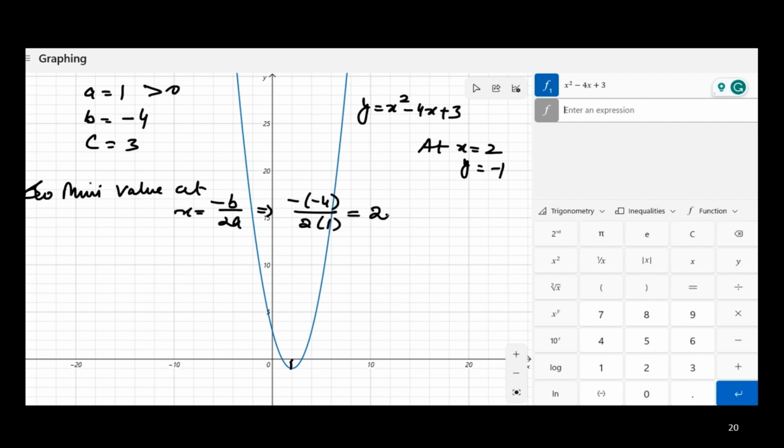So this is 2. So the minimum value is at x equals 2, and to find the minimum value, we put x in the function. The function is x square minus 4x plus 3. This is 2 square minus 4 into 2 plus 3. 4 minus 8 plus 3 is equal to minus 1. So the minimum value is minus 1.